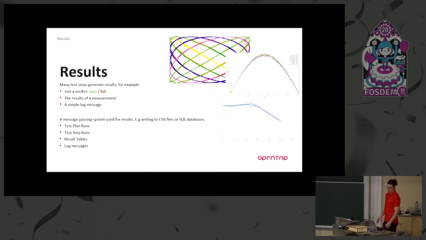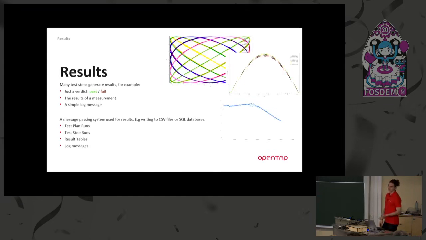Then we have some results. Results are very important. Results come from test steps, and this could just be a verdict, like pass or fail. Or it could be the results of some measurements. Here I'm showing the measurements that I'm making in the demo later.